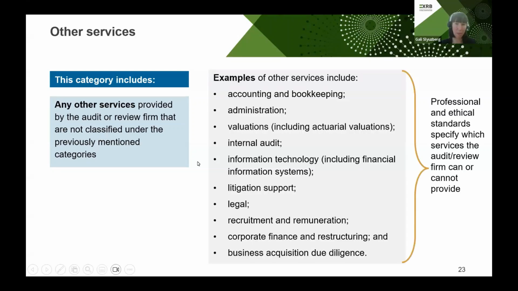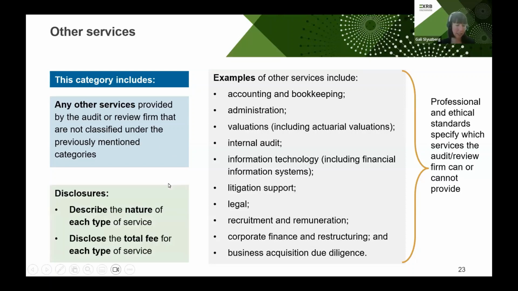And here are some examples: accounting and bookkeeping services, administration, legal services, due diligence, etc. And again, for some of these examples, there would be restrictions on whether and when audit firms can provide these services to audit clients. These restrictions would be in the professional and ethical standards that auditors apply.